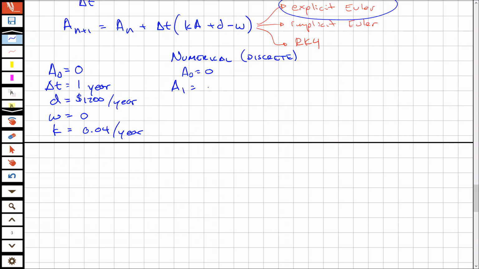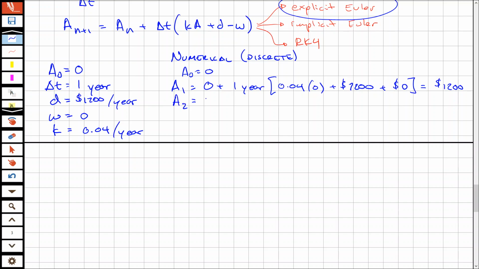A1 will be equal to 0 plus 1 year times my interest rate, 0.04 times I have nothing, plus my deposit rate, so 1200, minus my withdrawal rate, which is 0. And so at the end of the year, I'll have $1,200. This makes sense. You don't have anything and it's compounded annually, and you add $1,200. You'll have $1,200 at the end of the year.